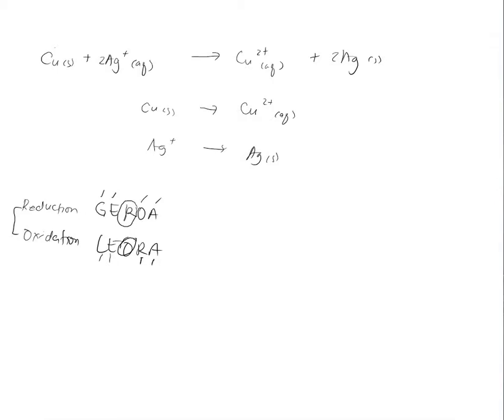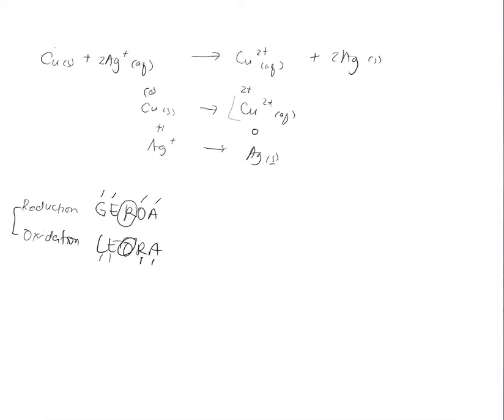Copper is in its solid form, which is the naturally occurring form, so its oxidation state is 0. In copper 2 plus, the total charge of copper is 2 plus, so its oxidation state is 2 plus. This one, plus 1. And silver, in its solid state, in its metallic form, its oxidation state is 0.